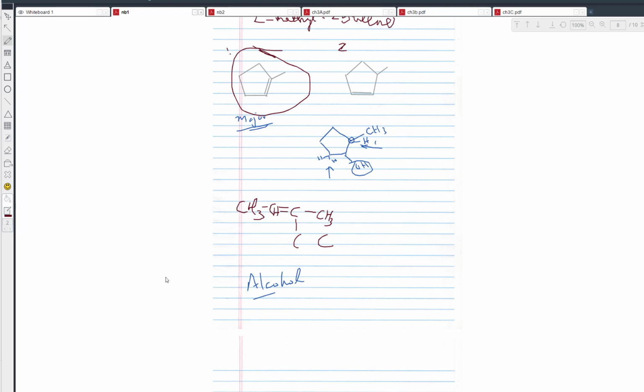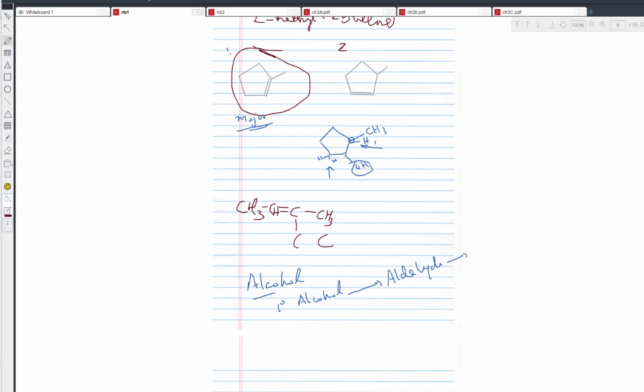Primary. Okay. Which question you are doing? 3.25. Okay. So primary alcohol. Primary alcohol is going to be oxidized to aldehyde. But depending on what oxidizing agent you are using, it is not going to stop here.